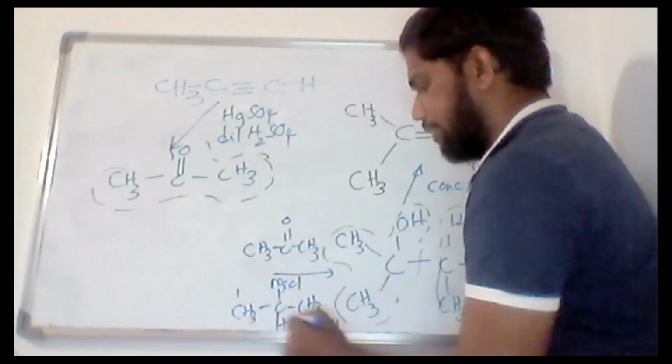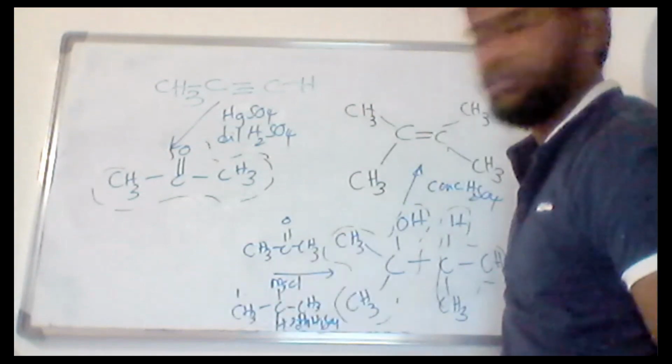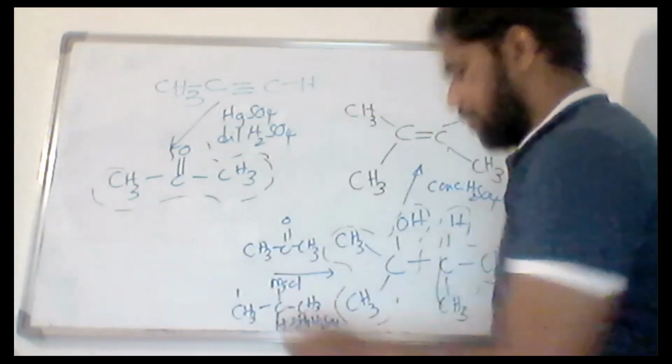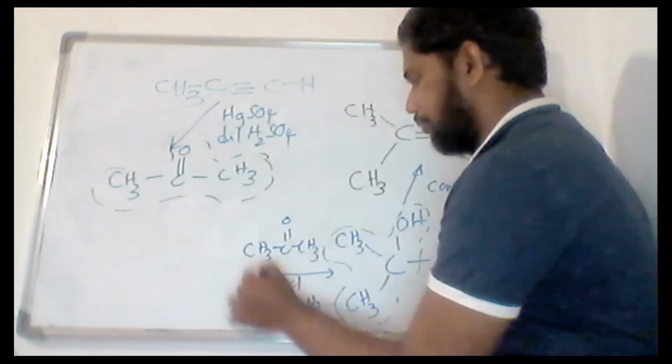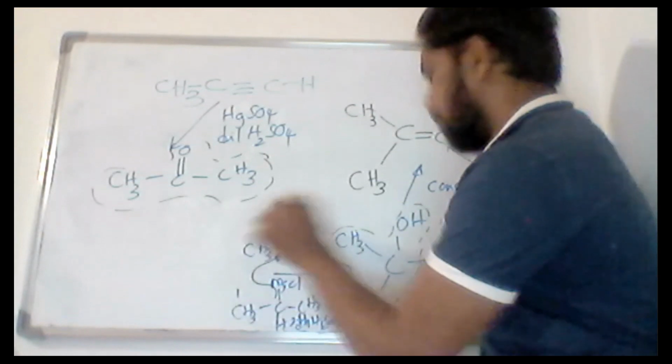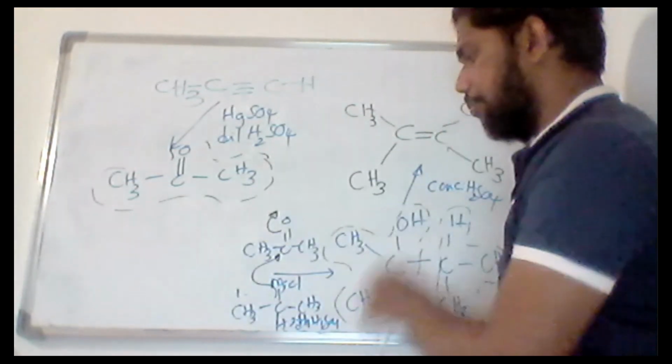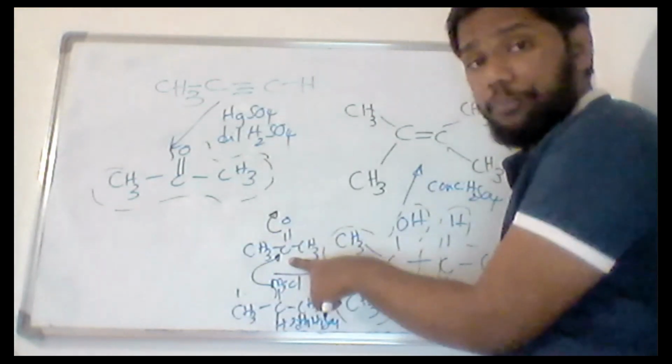First we have to add this, second we have to add dilute H2SO4. And here this Grignard will attack to form this entire compound. Now where is this compound?